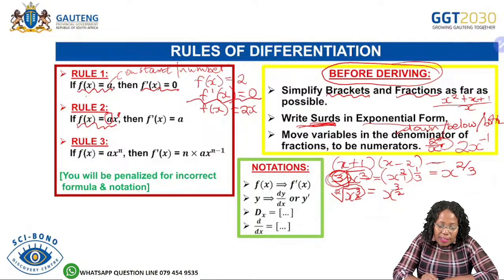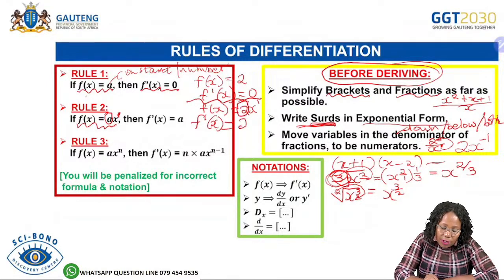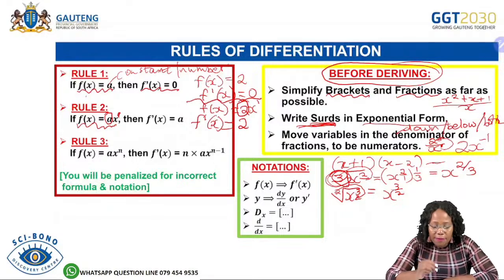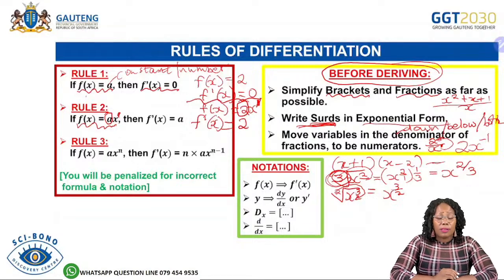So the same applies there. We have 2 times x to the power 1. That means if you are looking at the derivative of that particular f at x, your answer will be the coefficient of x, which is equal to 2. Only if x is to the power 1. That is what this rule says.